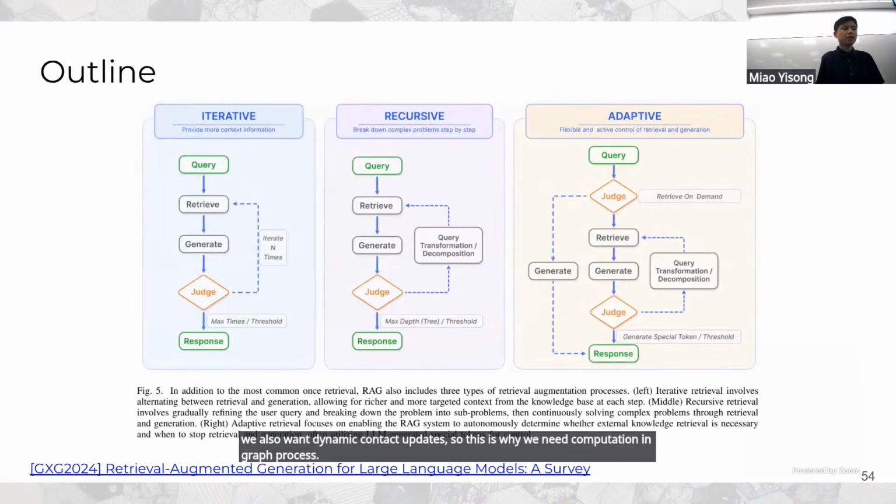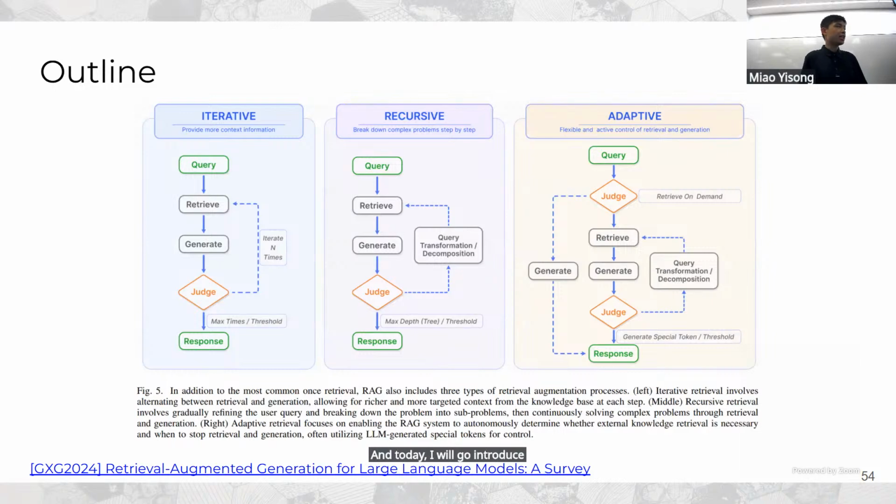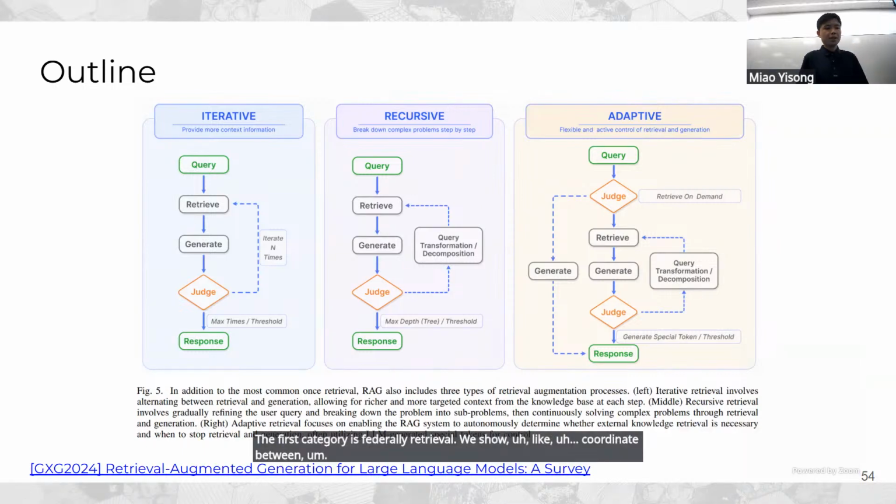And today I will introduce 3 categories of different augmentation methods in RAG. The first category is iterative retrieval, which will alternate between retrieval and augmentation until some kind of convergence condition.